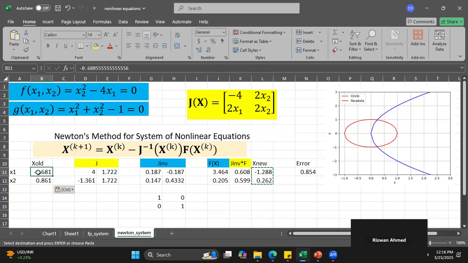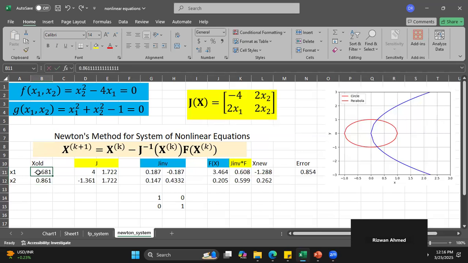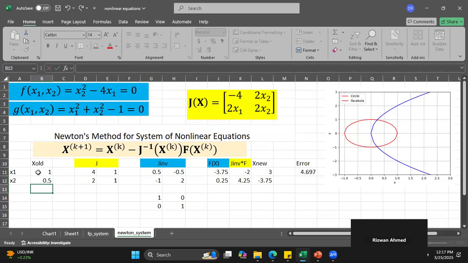One more initial approximation. Nonlinear problems require patience to get to the solution. Did I start with 0, 1 earlier? Oh, I started with 0, 1. So now I start with 0 and 0.5. So the error is 4.96.